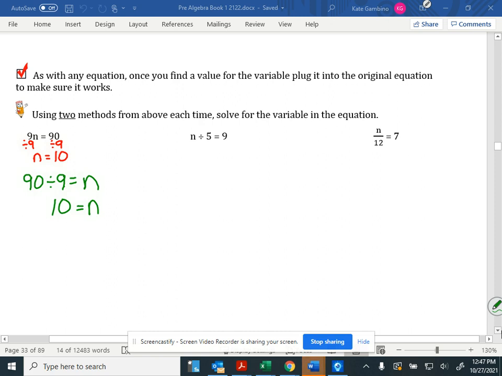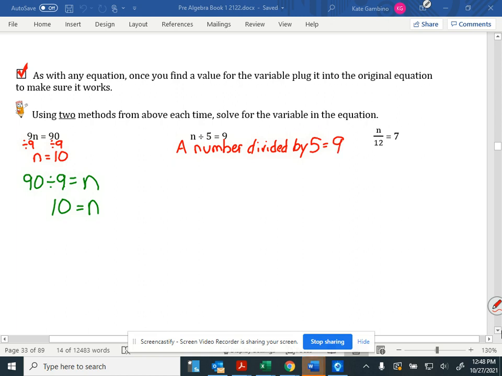So let's look at n divided by 5 equals 9. How would I solve this one? Paul, what's one way? Use the logic. And what would the logic be? Is it 5 divided by something, or n divided by 5? So we would say a number divided by 5 equals 9.